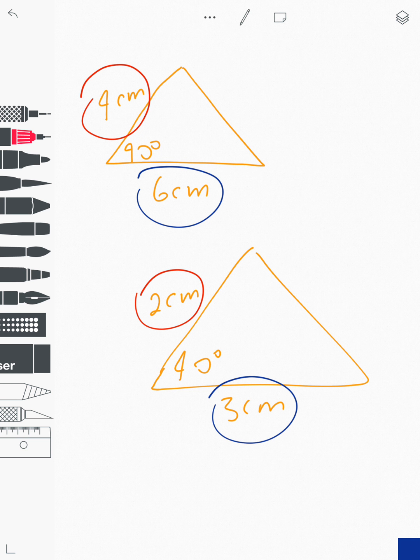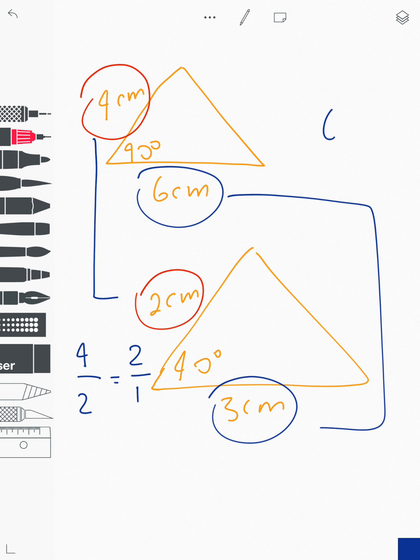Does it meet the first criteria? Are they proportionate? If we look at 4 and 2, that is 2 over 1. And if I look at 6 and 3, 2 over 1 again. That means that both of those sides are proportionate.